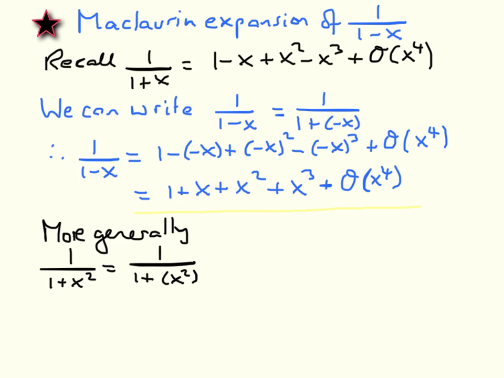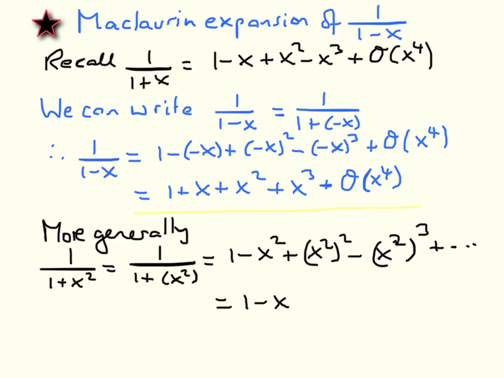And you're welcome to try to calculate it explicitly to check, but what you will get is 1 minus x squared plus x squared squared minus x squared cubed, etc. So this is 1 minus x squared plus x to the 4th minus x to the 6th, and then the next term that one would get would be of order x to the 8th.